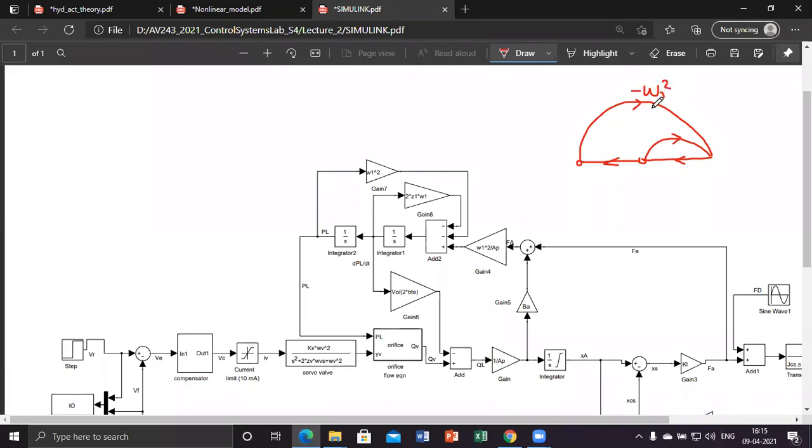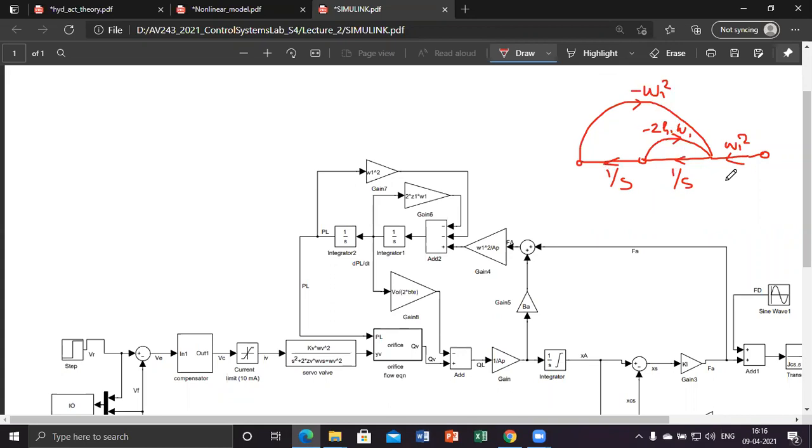Omega 1 square is minus. So this is the input, this is the output, and the forward path is 1 by s, 1 by s. This is equivalent to a second order dynamic filter with a natural frequency of omega 1 and damping factor zeta 1. You have studied by this time signal flow graph?